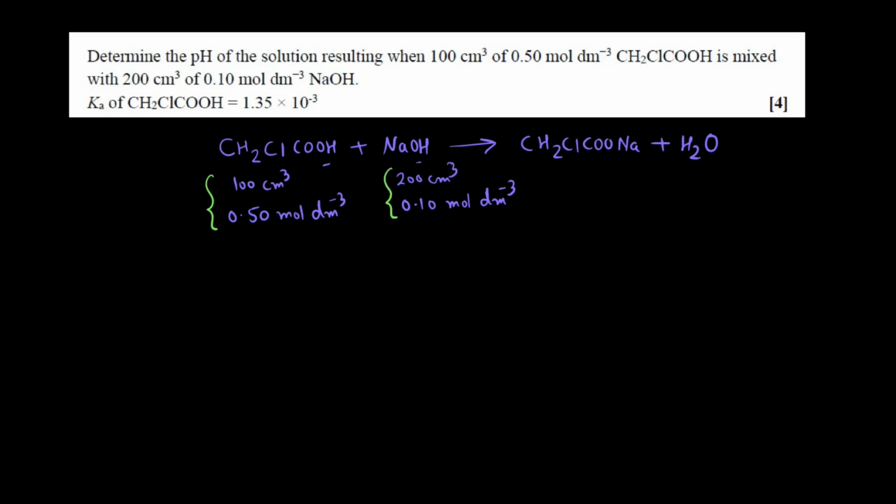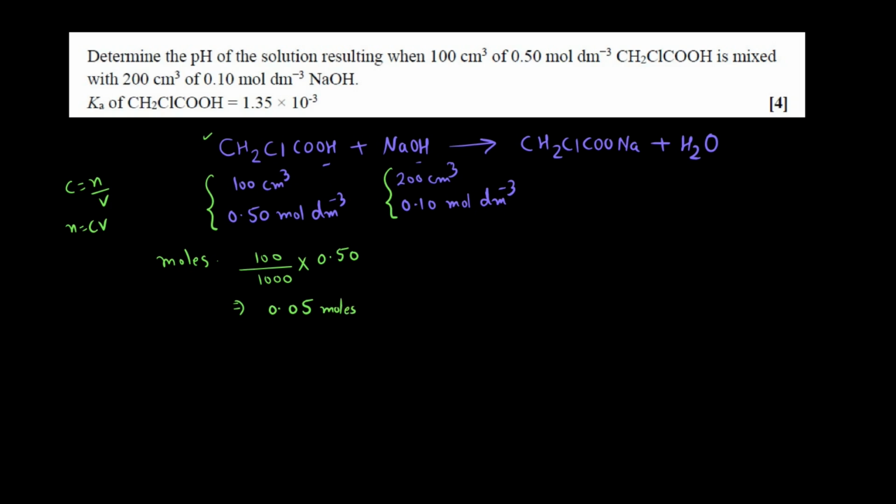So the moles of chloroacetic acid will be volume, so cm³ we change into dm³ by dividing by 1000 and multiply by concentration, because we know that C equals n over V, moles over volume. So our moles will be C times V. So this comes out to be 0.05 moles. So these are the moles of chloroacetic acid.